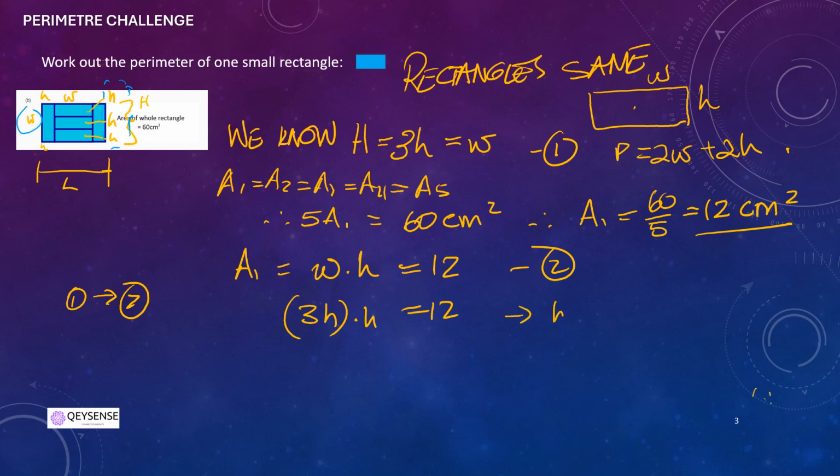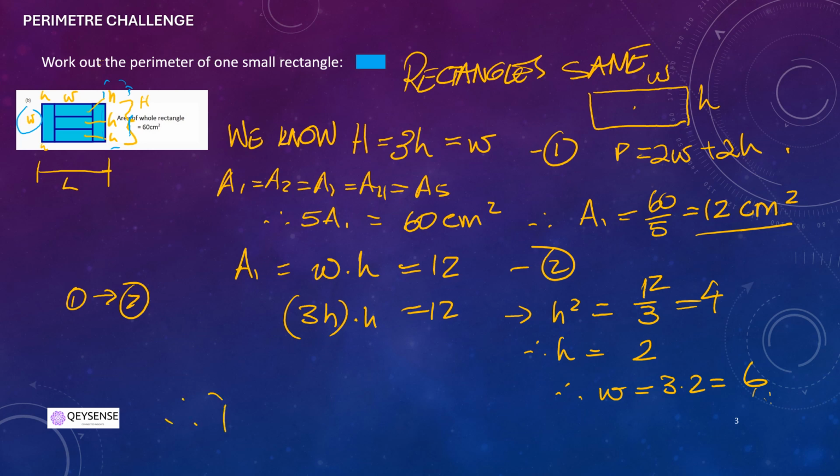It gives you H squared equals 12 divided by 3 equals 4. Therefore, H equals 2. Therefore, W equals 3H, which is 6.